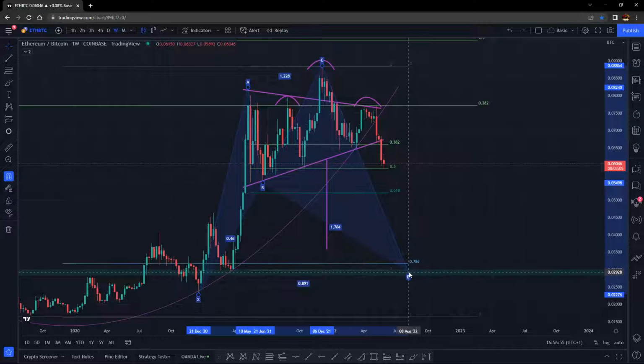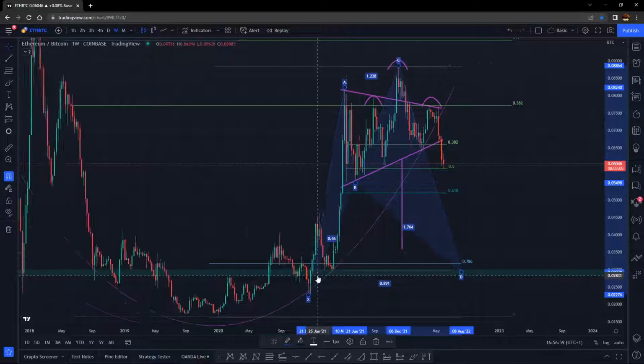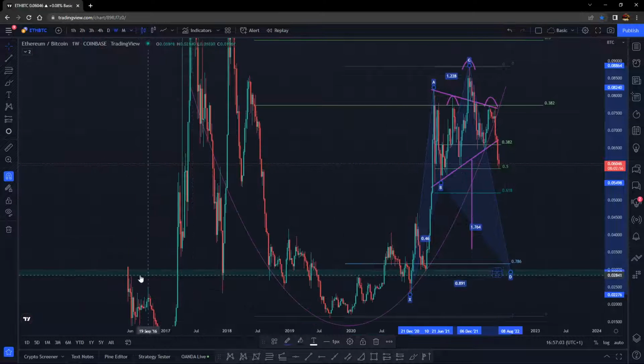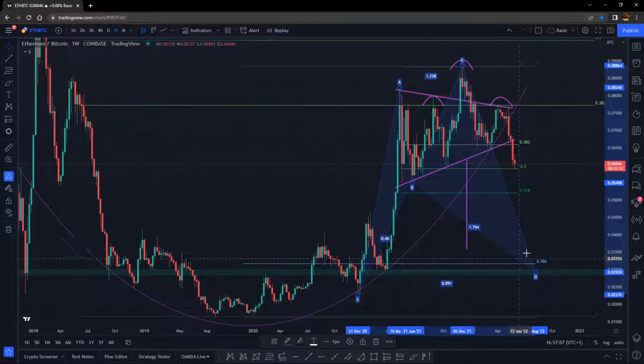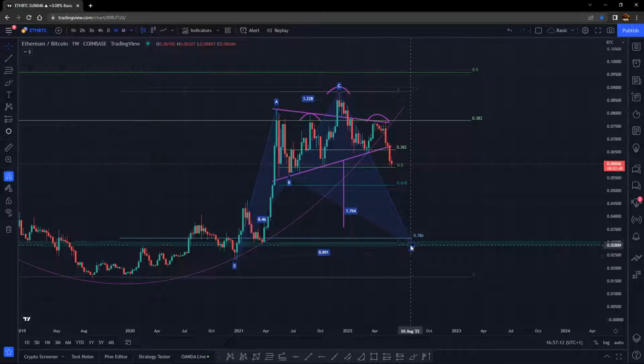So the 886 would take you to this bit of support here, which has been support previously. Yeah, so that's interesting. That's if we come down, which we could do because we have fallen from this.